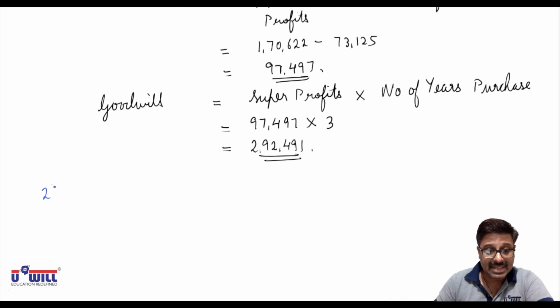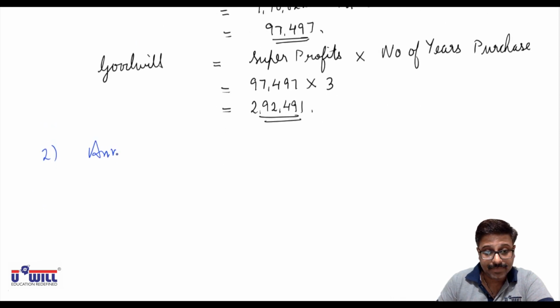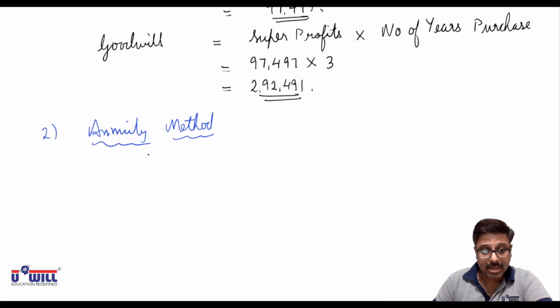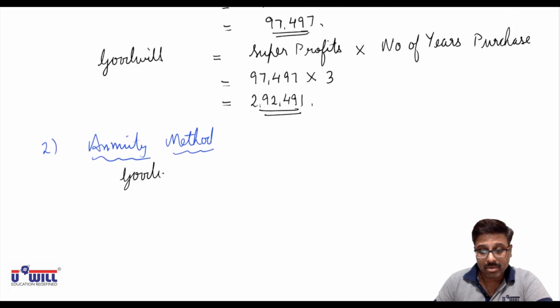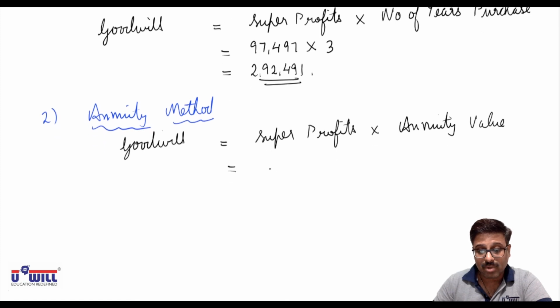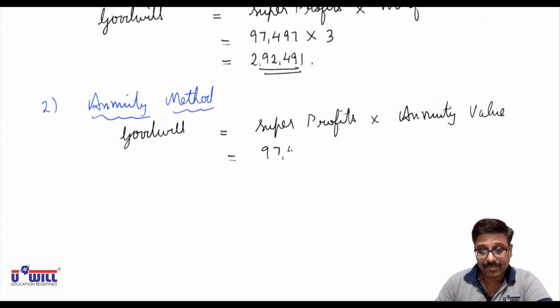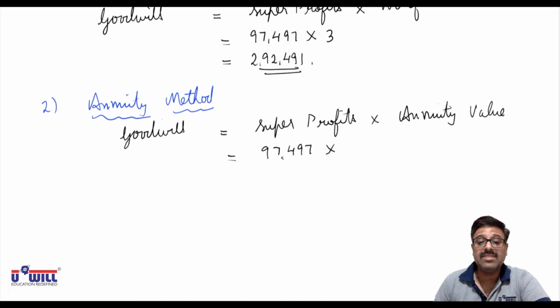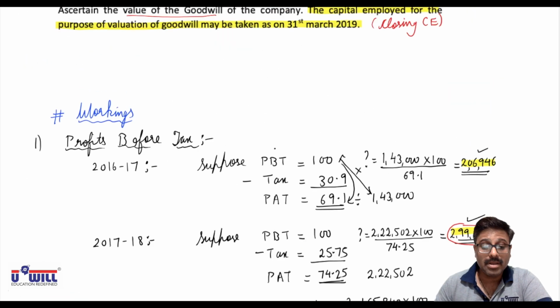And second method what is asked in the question is annuity method. So in annuity method we just have to multiply with that present value interest factor what is given in the question. Here goodwill will be equal to super profits into annuity value. Super profits 97497 multiplied by what is the annuities value given at the bottom in the question? 2.487.